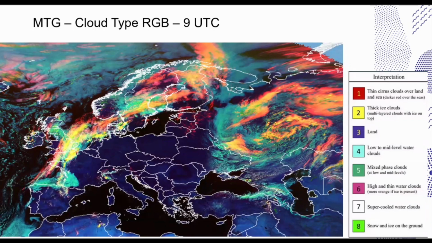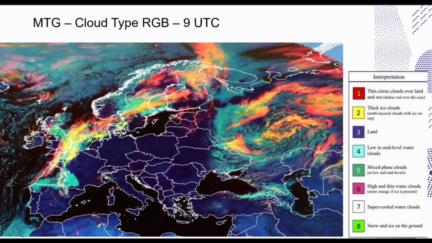So it is very easy to separate the different heights of the clouds. So you have the low clouds in cyan, then you have the thick clouds in yellow, and then the red colors are indicating very high, thin cirrus clouds. So what we have, for example, here in Estonia and some in Finland as well. But over a large part of central Europe, we have a lot of areas where we don't have any clouds at all at 9 UTC.